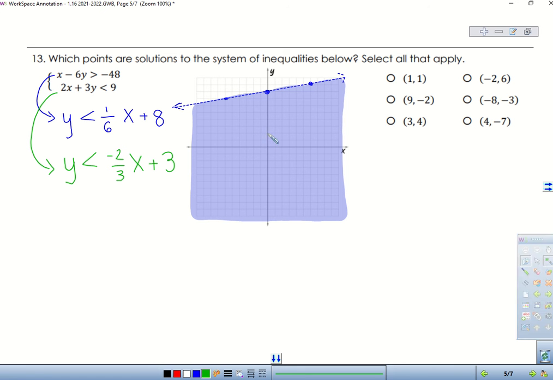So we start at 1, 2, 3, and we go down 2 and over 3. Then we just connect that line with a dashed line. And then we're going to shade it below.